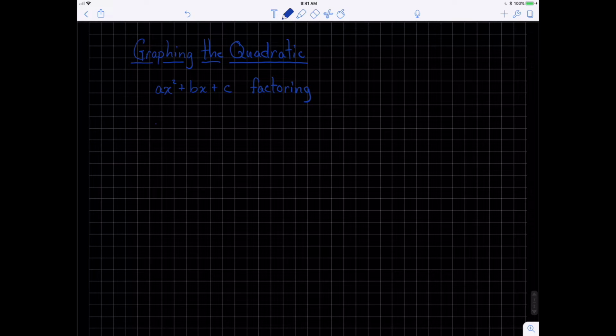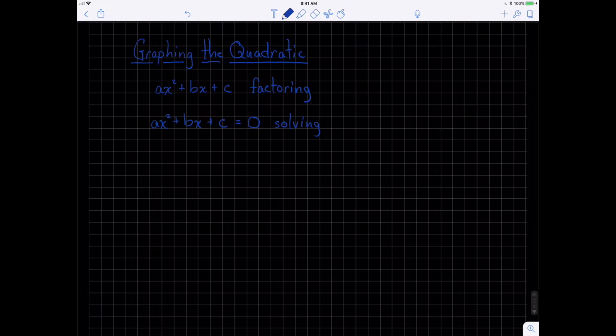Then we said, well, what if it's ax squared plus bx plus c equals 0? Then we were solving quadratics.